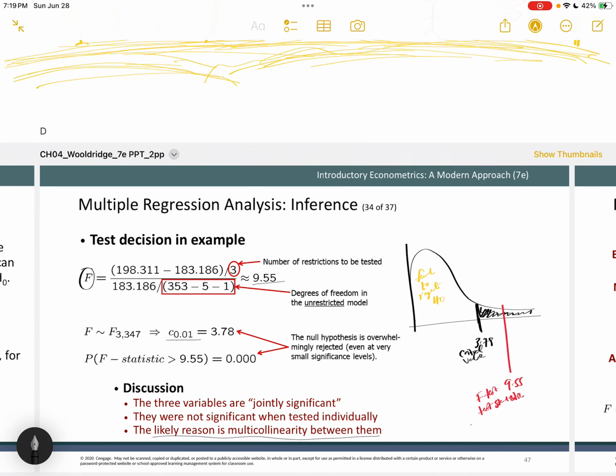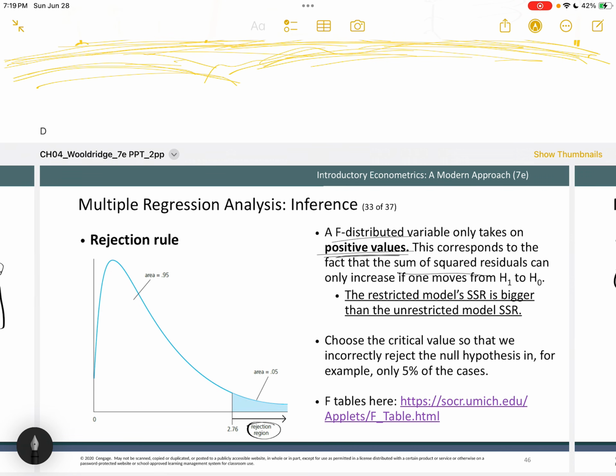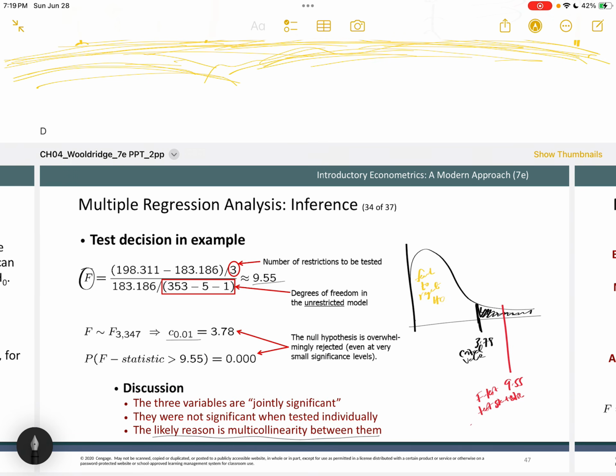Fail to reject H0. And the shaded area in black is the rejection region. Just like you saw here, right? That's the rejection region, the shaded blue area. Now, connected to the data example, the reject H0 area is shaded in black.